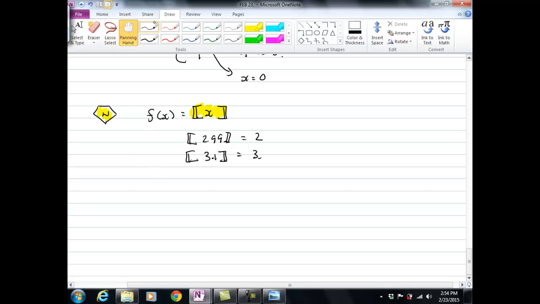Because if I go limit as x approaches, let's say, 1 of this, the answer is no, there's no limit. So in other words, where is it discontinuous? It's discontinuous at every integer, because there's no limit at every integer. So the answer: at every integer.